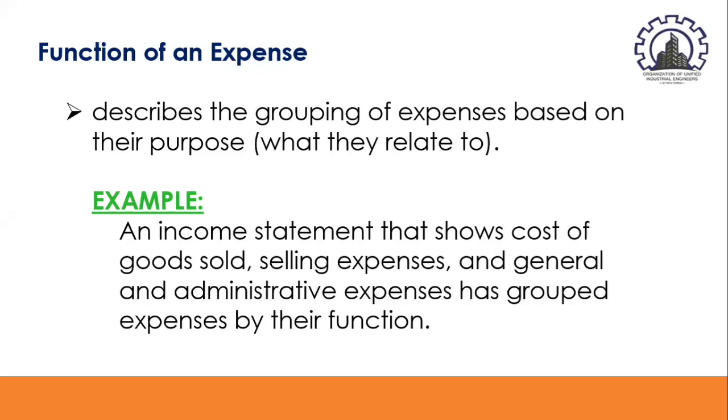For example, an income statement that shows cost of goods sold, selling expenses, and general and administrative expenses has grouped expenses by their function. When expenses are grouped by function, additional information must be disclosed to show the nature of expenses within each group.